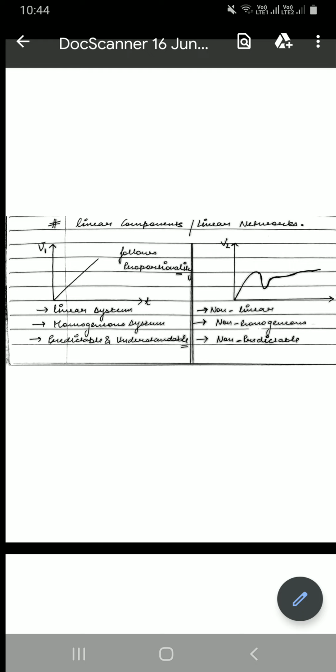Any non-linear component or network can be linearized for small incremental changes in time.